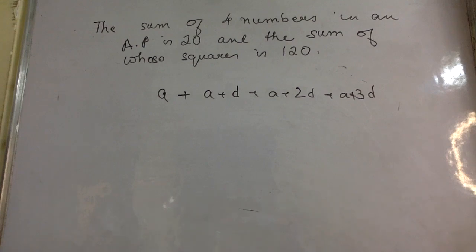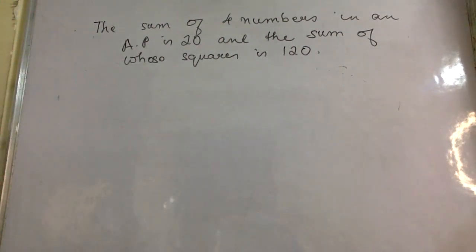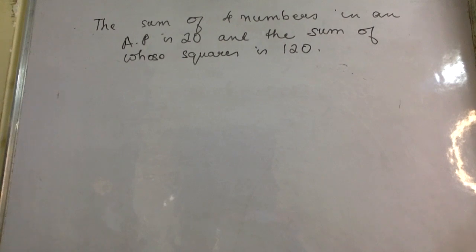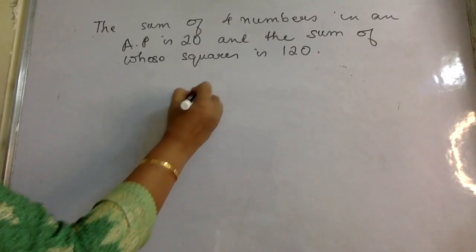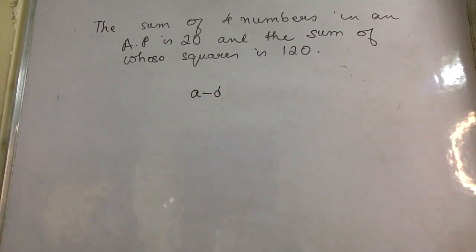So what we should do is, there is a particular pattern of taking 4 numbers in an AP. Whenever it is 4 numbers, we have to follow that pattern only. We just can't take A and D anyhow we want. Okay, so what we do is we take A minus D as one of the terms.